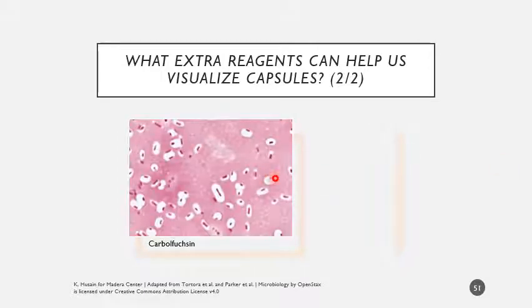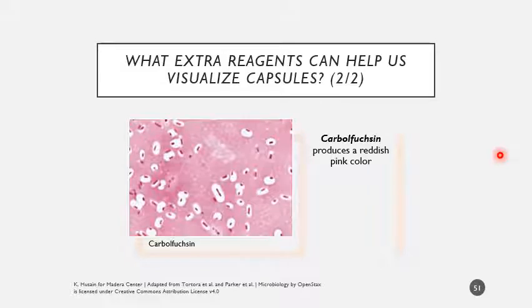So ultimately we get something like this. All of this light pink in the background is where the albumin has picked up the stain. The dark pink in the center is where the cell has picked up the stain. And then the white halos are where there's a capsule that does not pick up the stain. So it's a forced negative stain done using carbol fuchsin and albumin.